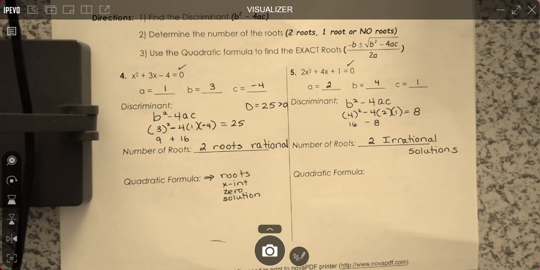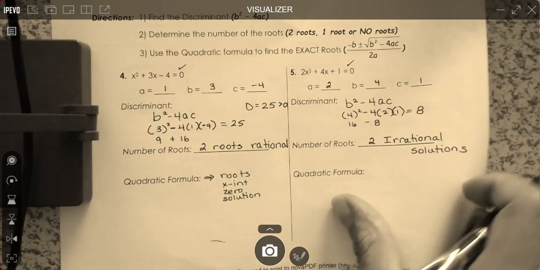And if the discriminant is equal to 0, you get how many? 1. And if your discriminant is less than 0, you get how many? None. Okay? Oh yeah, 0. 0 is none, my bad. Okay. Sorry. All right.